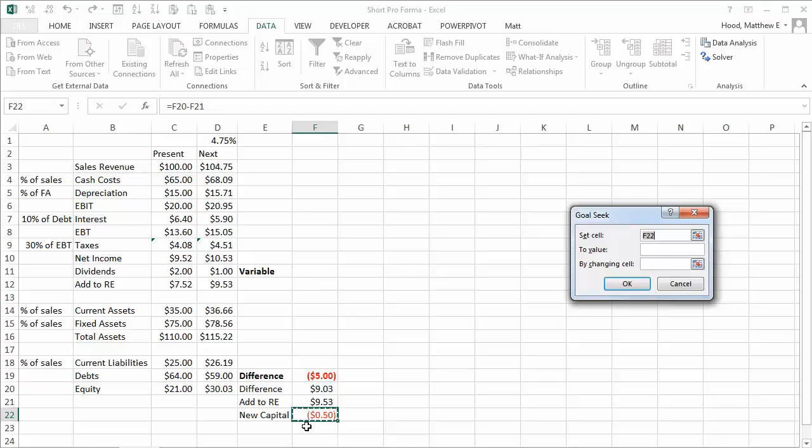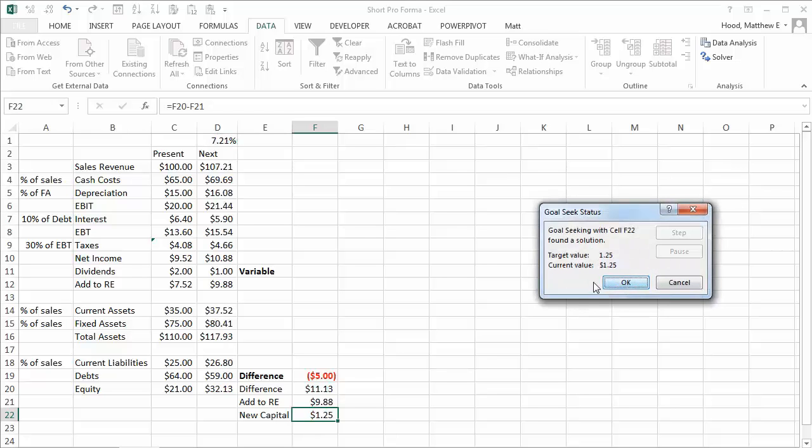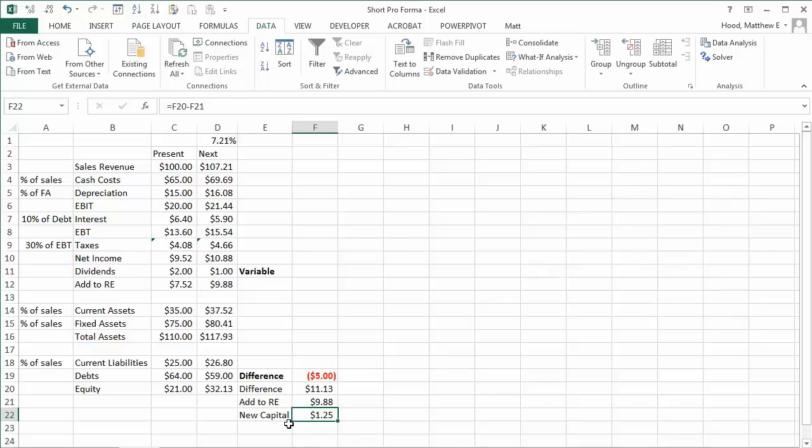I'm going to set this number here, the new capital number, to $1.25, and allow that to change this cell. So if I want to have $1 in dividends, pay off $5 in debt, and raise $1.25 with the capital markets by selling shares of stock, then I could have a 7.21% growth.